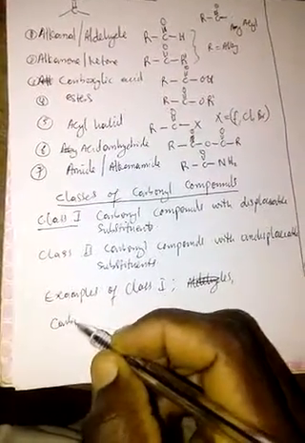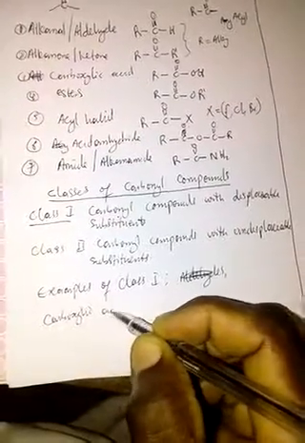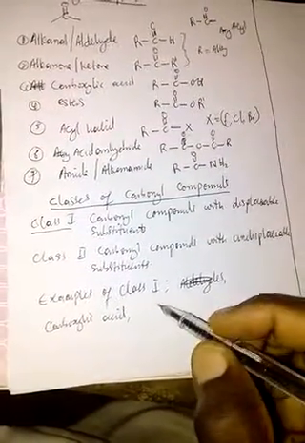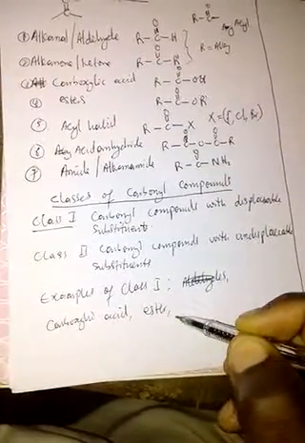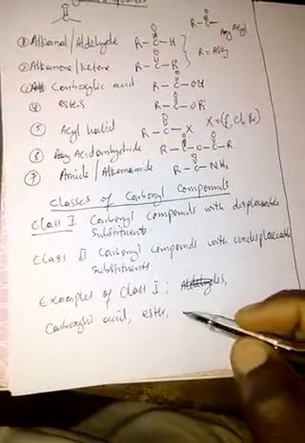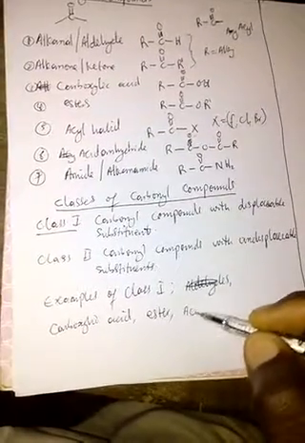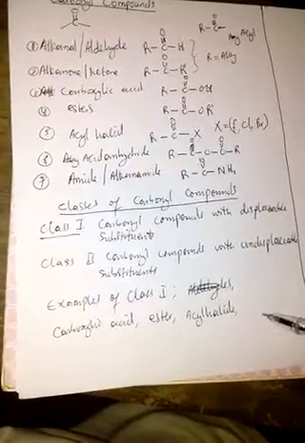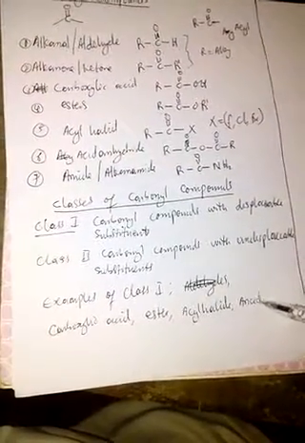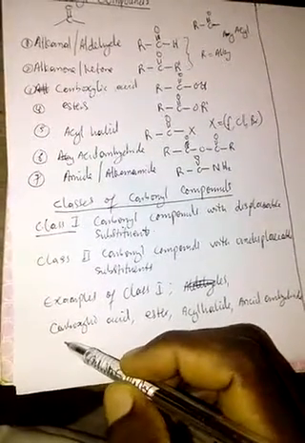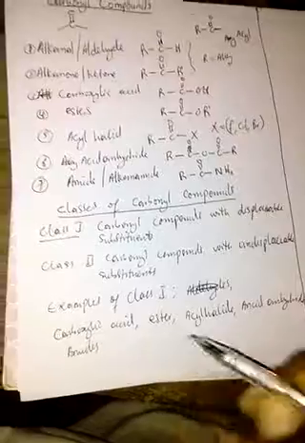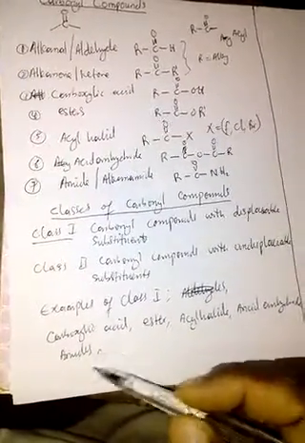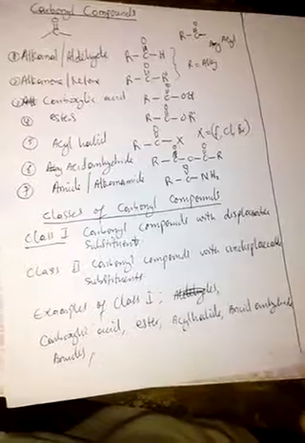We have carboxylic acid, esters, acyl halide, acid anhydride, and lastly amides. 1, 2, 3, 4, 5. All these 5 have substituents that are displaceable.